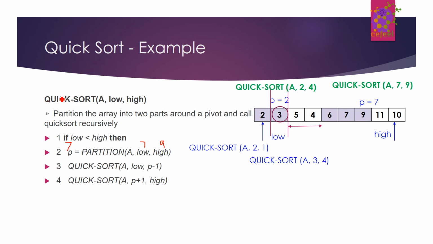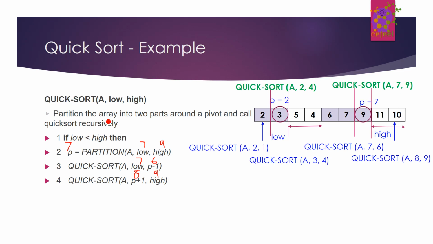So what will happen is we will now go to step 3 and make a call with 7, and then p minus 1 is 6, p plus 1 is 8, and high is 9. So we'll make two calls, quicksort A 7 6 and quicksort A 8 9.